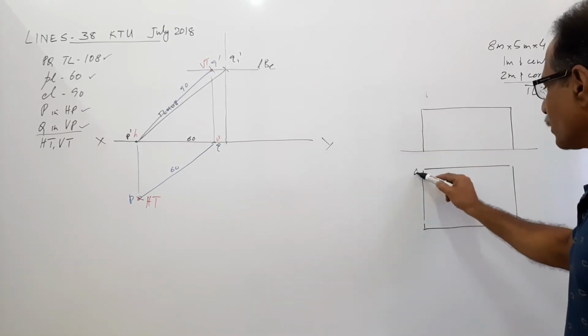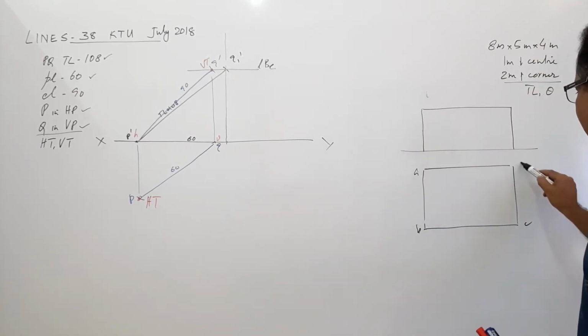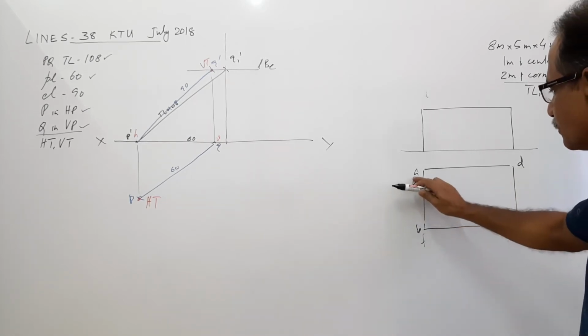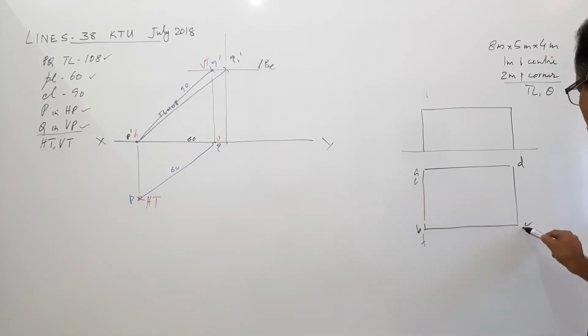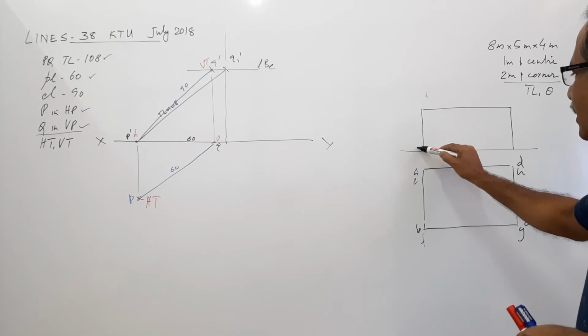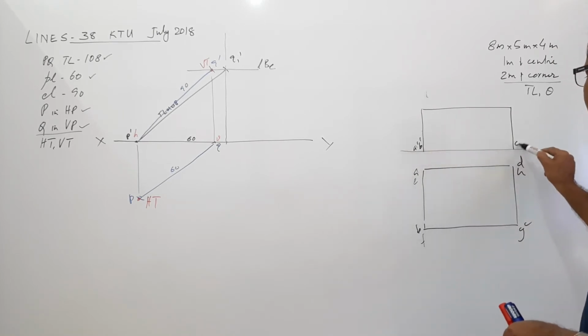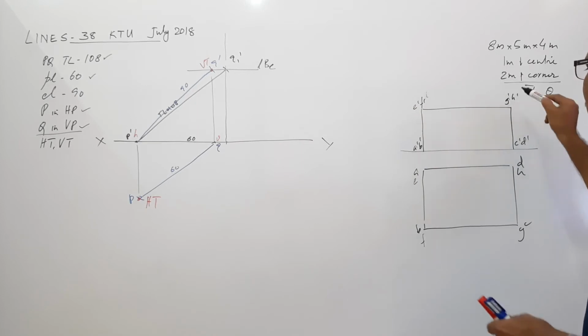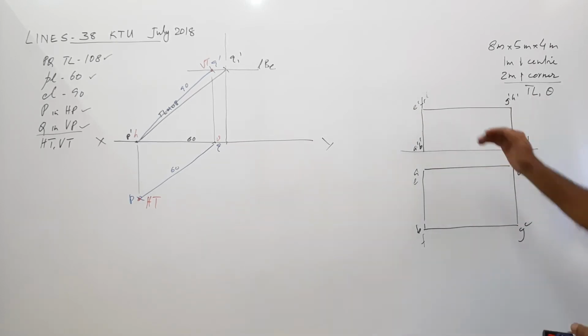This is the elevation of the room. I call A, B, C, D the corners of the bottom of the room, and E, F, G, H the top corners of the room. So A dash, B dash, C dash, D dash, E dash, F dash, G dash, H dash is the elevation of the room.